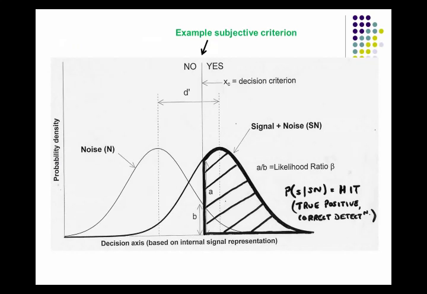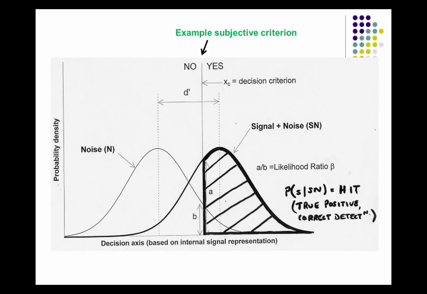Why is that relevant? Let's go back to our probability density functions and say that our example has a subjective criterion. Namely, on this decision axis, the subject needs a certain activity in the brain to detect this signal, and he needs this much activity down here.